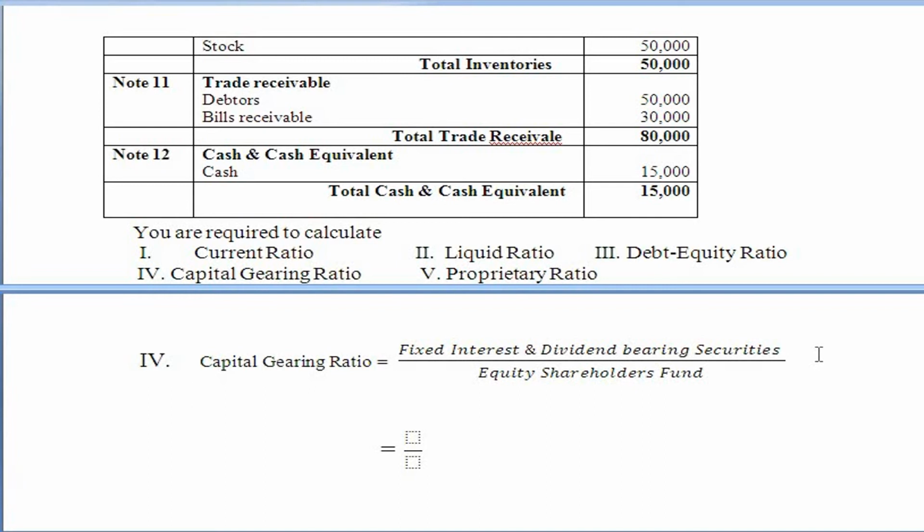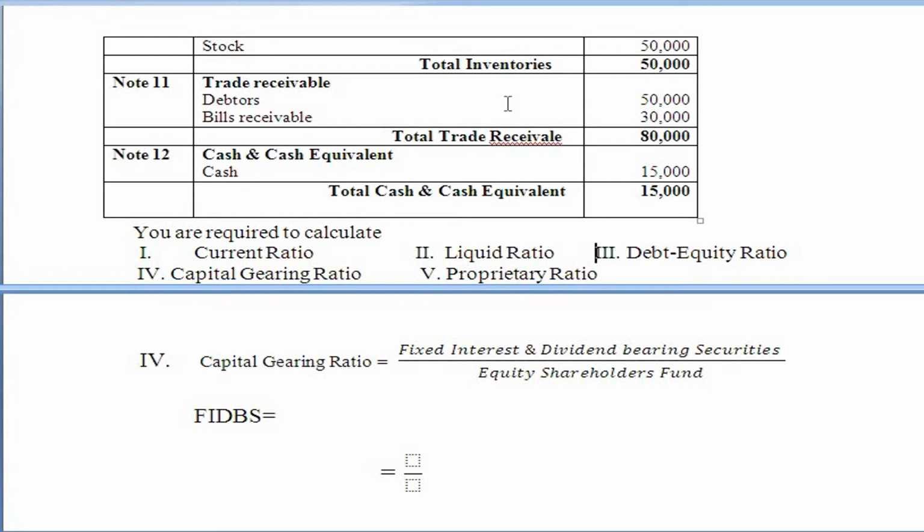So what is the proportion between these two? To find that out, we need to find the capital gearing ratio. This ratio is also called the leverage ratio. Now first we need to find out the amount of fixed interest and dividend bearing funds. So next line write, instead of writing in full, we will use short form. Fixed interest and dividend bearing securities is equal to, now check in the problem for that, the liability side of the balance sheet.